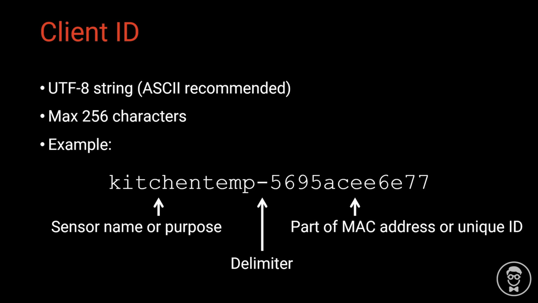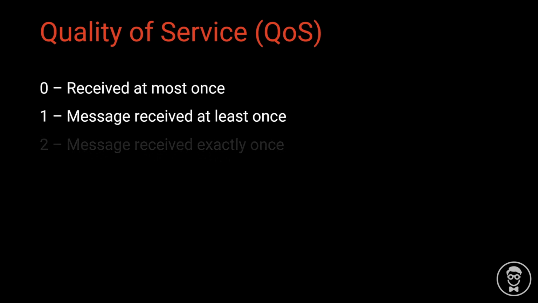With our network example built, let's talk about a few important features in MQTT. The first is quality of service, or QoS. This is a simple number, 0, 1, or 2, that determines how messages are delivered and affects the reliability and performance of those messages. Level 0 is the lowest level, denoting that a message may be received at most once.